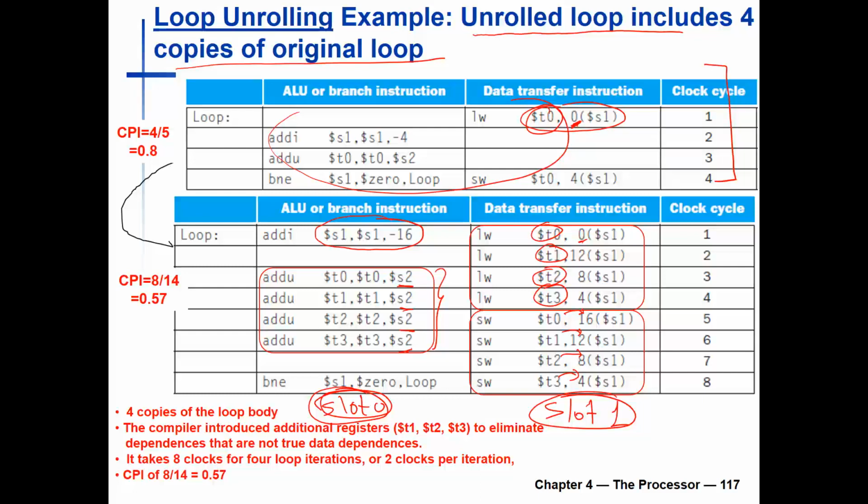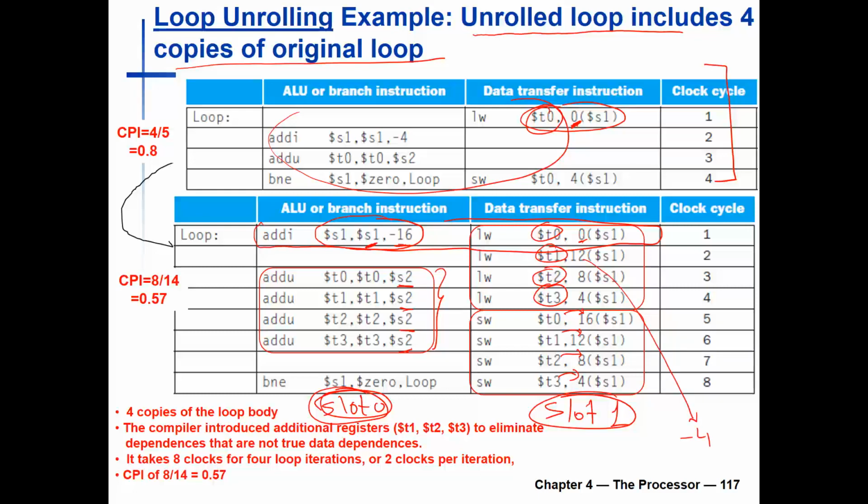Then after executing this statement, S1 is now reduced by minus 16. In the second iteration, I should have used minus 4. In other words, this index should have been minus 4.